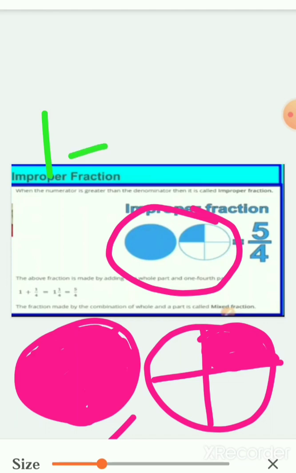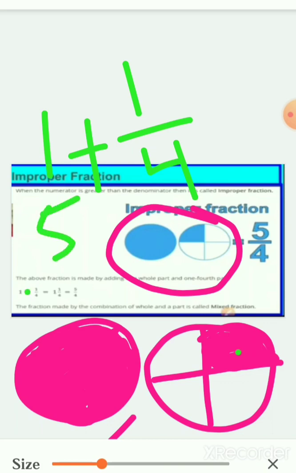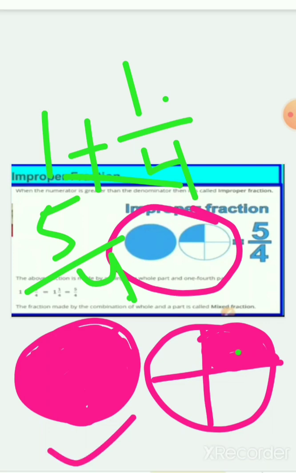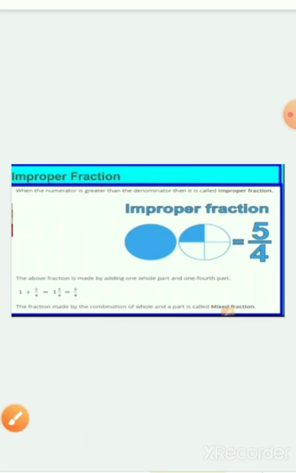So we have 1 plus 1 by 4. When we add these and take the LCM, it will be 5 by 4, because 4 times 1 is 4, 4 plus 1 is 5. You all know how to take the LCM, so it will be 5 by 4. Such fractions are called improper fractions, in which the numerator is greater than the denominator.